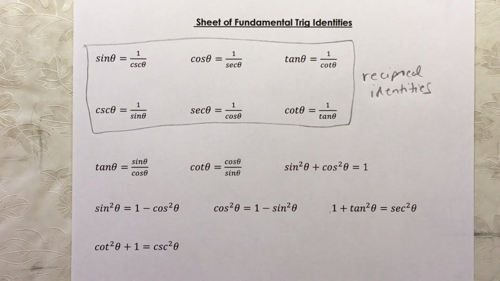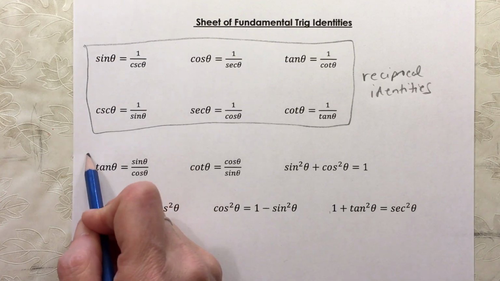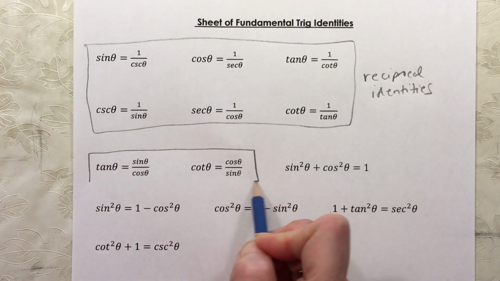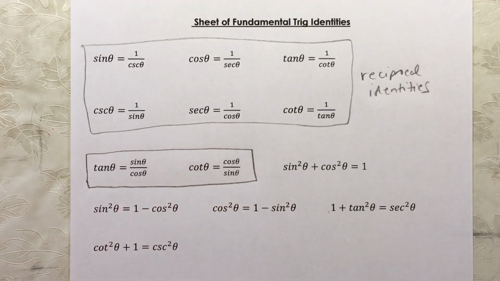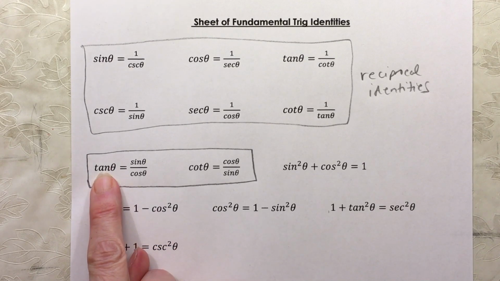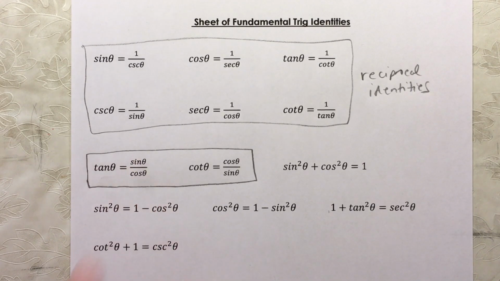And these are the identities that Mr. Salawiga will want you to know next year in advanced functions. So tan being sine over cos and cotan being cos over sine are very important identities as well. They allow you to change something from being in terms of tan to being in terms of sine and cos, which is very important.